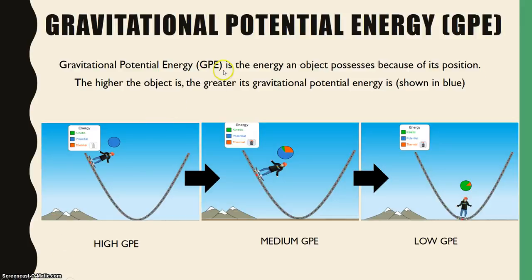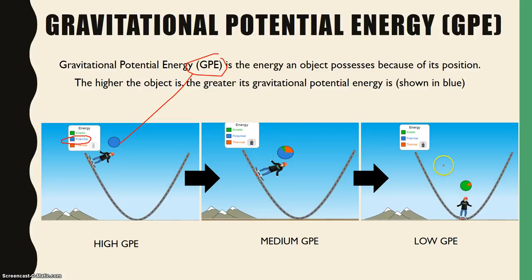Gravitational potential energy is the energy an object possesses because of its position. So the higher the object is, the greater its gravitational potential energy will be. In these three diagrams, we have gravitational potential energy shown in blue.